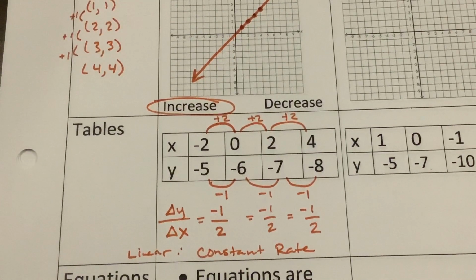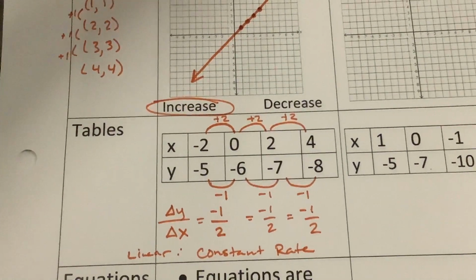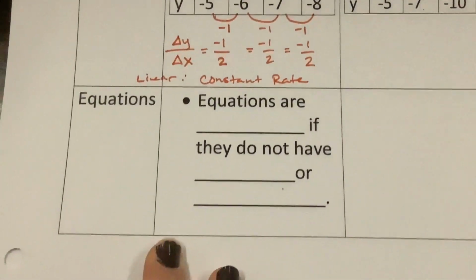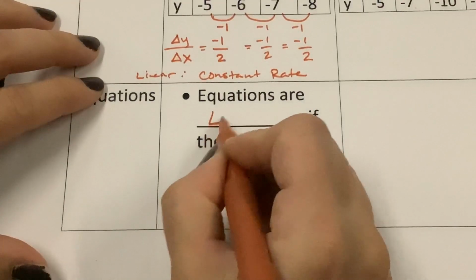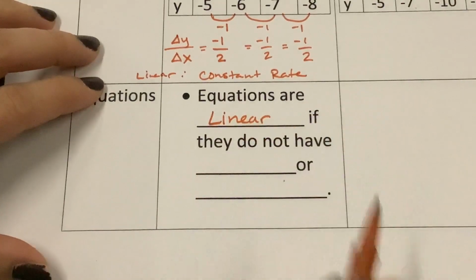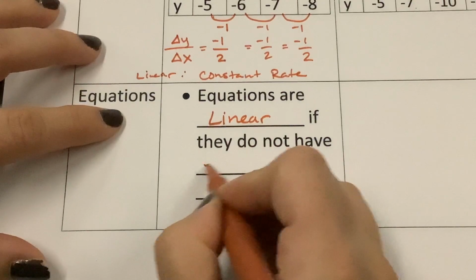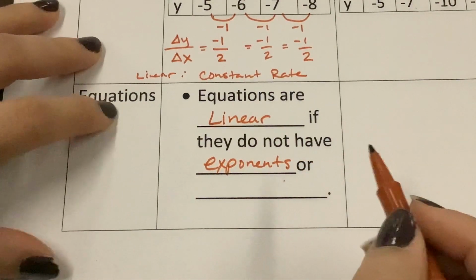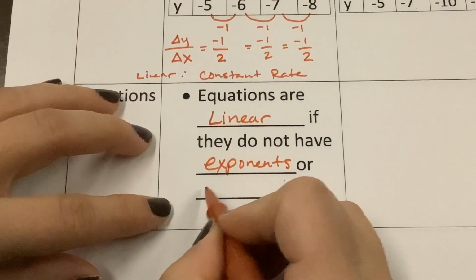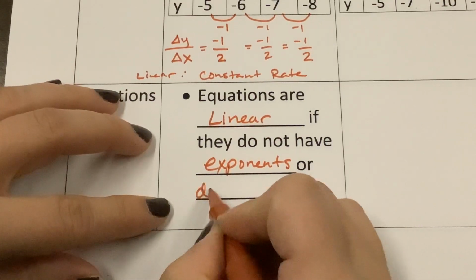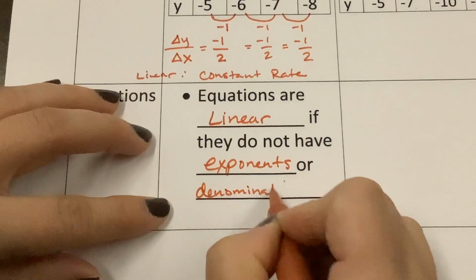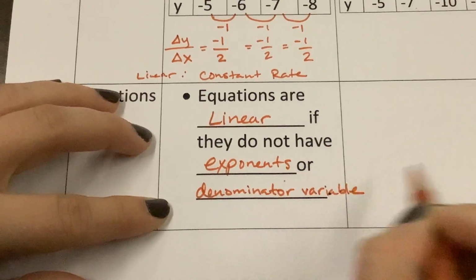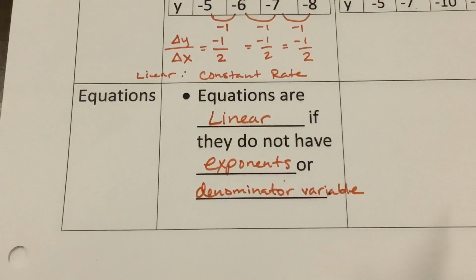So just like we can look at equations and tell how many solutions it has, we can look at an equation and tell whether it's linear or nonlinear. Okay, so equations are linear if they do not have exponents or a variable in a denominator.